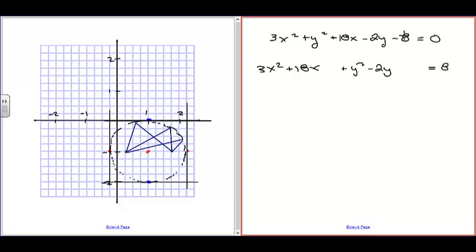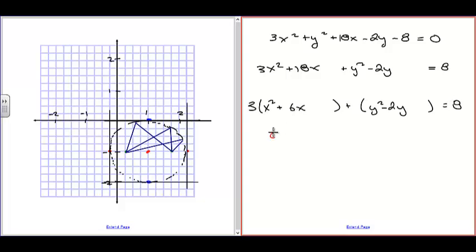As we change it to the other side, it changes sign, so it becomes positive 8. Here we don't have to factor out anything, but for the x part, we do have to factor out a 3. So factoring 3 out of 18, 18 divided by 3 is 6. Leave some space. For the y part we don't have to factor anything out because we just have y squared, so leave some space, and set that equal to 8.